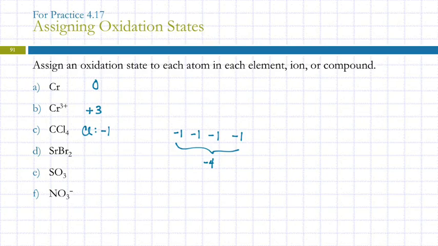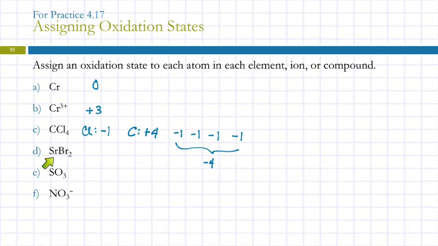What does carbon need to be if all these oxidation states are going to add to 0? It's got to be +4. So carbon has a +4 oxidation state. So figuring out what the carbon is, this is the same process we did with ionic compounds. Any questions about that one?